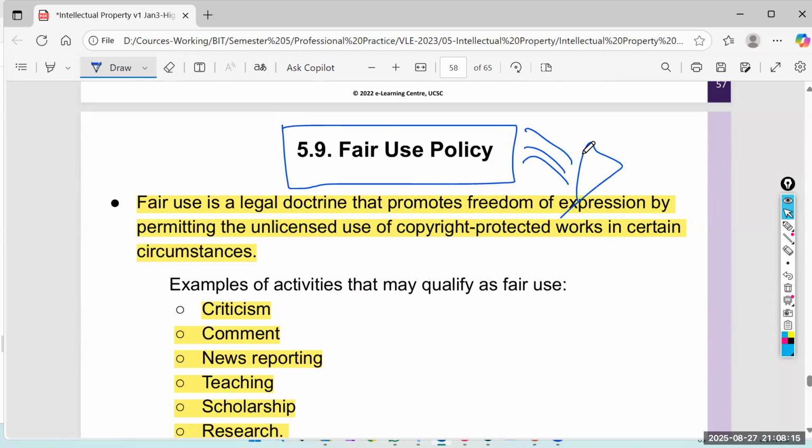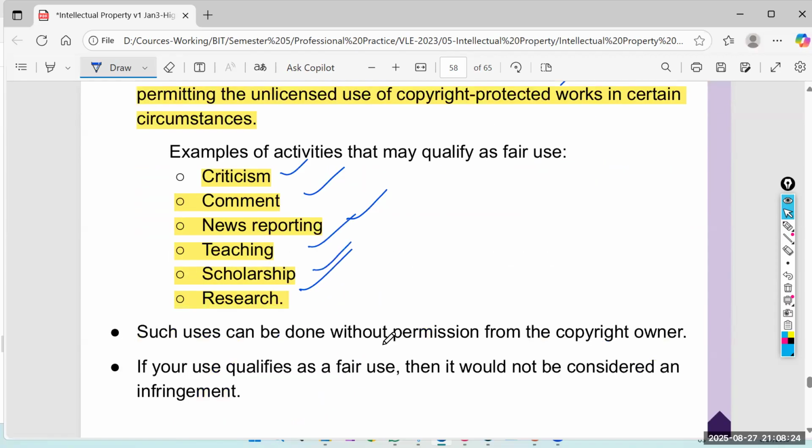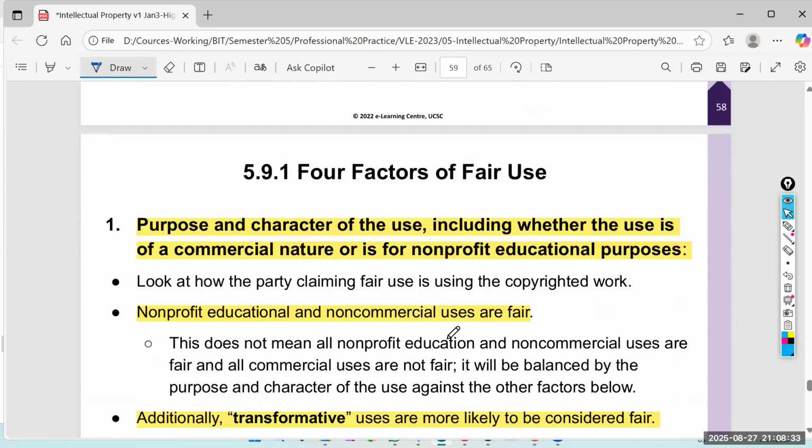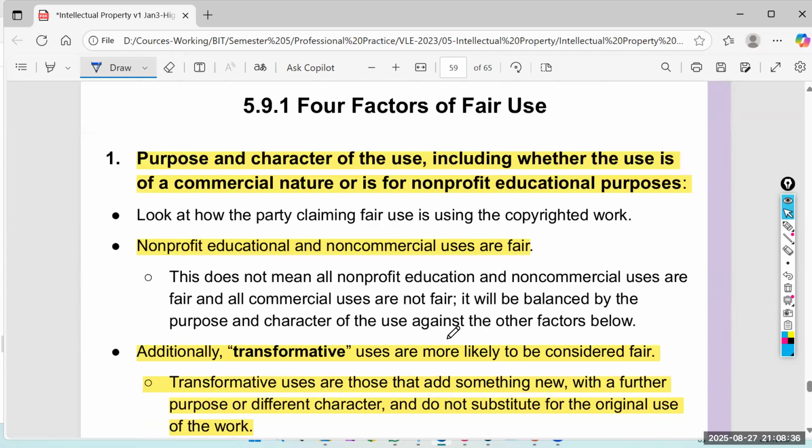You can use the content or part of the content for criticism, comments, news reporting, teaching, scholarship, research, and so on. So you can use it. Right. So what are some fair uses for contents like this, or even ebooks and so on?